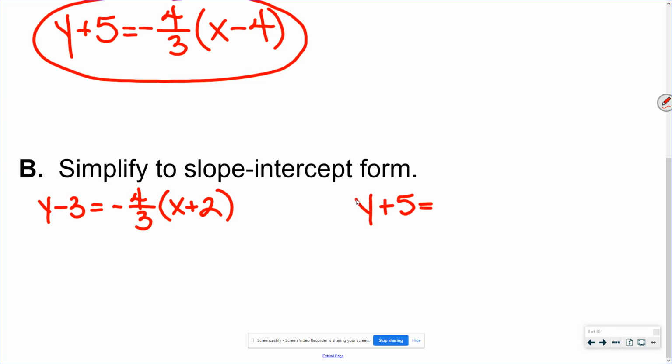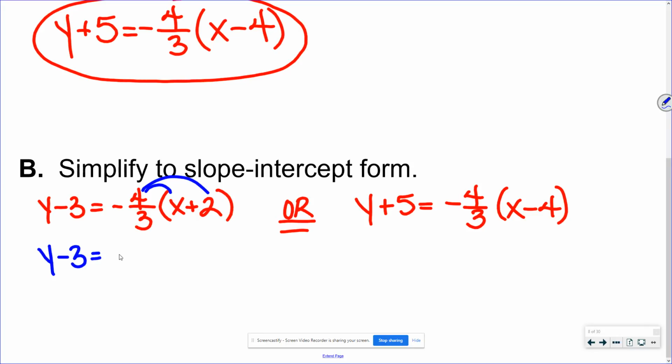Actually, I'll go ahead and put both of them on here so I can work with both. So I have these two equations that are supposedly the same, right? Even though they have different numbers and don't look anything alike. I'm going to prove to you that they are both the same equation and represent the same line by solving for y.